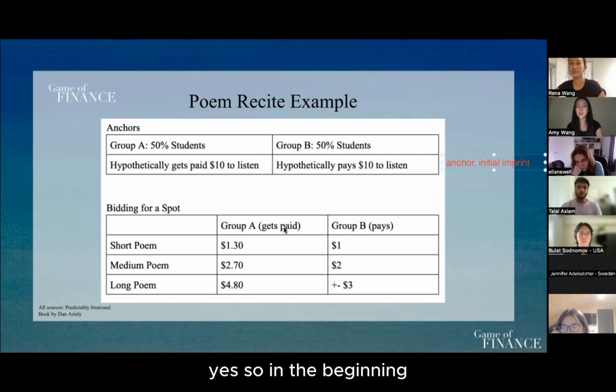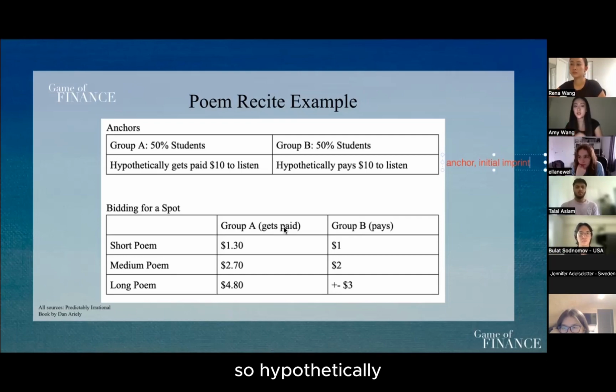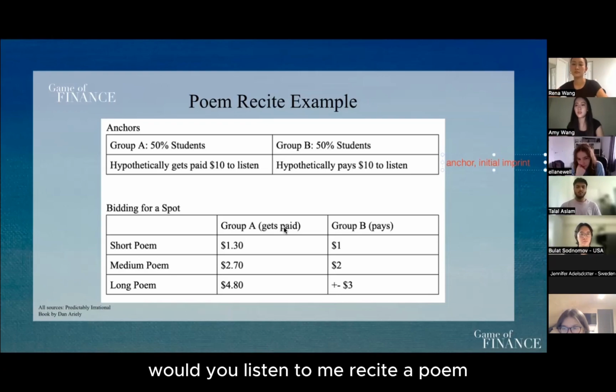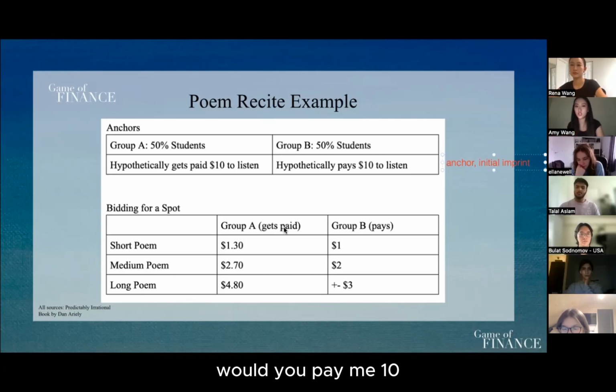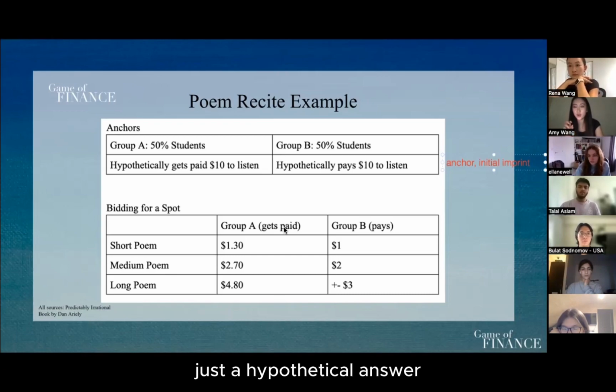Yes. So in the beginning, Dan Ariely actually gave his MIT students a hypothetical example. So hypothetically, if I pay you $10, would you listen to me recite a poem? And hypothetically, would you pay me $10? They're not actually doing it, it's just a hypothetical answer.